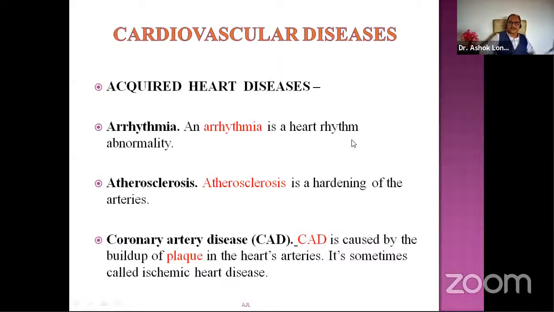Atherosclerosis is hardening of the vessels, mostly arteries. Then CAD, coronary artery disease, is caused by the buildup of plaque.